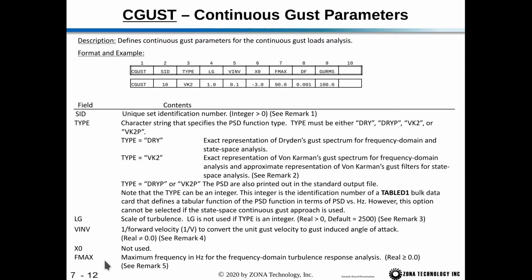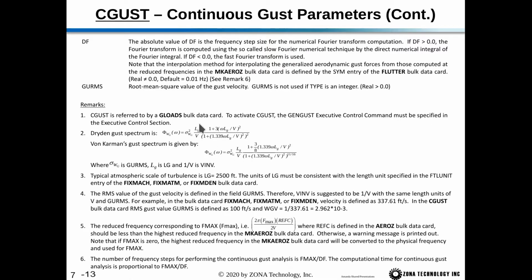Next is FMAX, which is the maximum frequency in Hertz for the frequency domain turbulence response analysis. And then next we have the DF field. The absolute value of DF is the frequency step size for the numerical Fourier transform computation. If DF is greater than 0, then the Fourier transform is computed using the slow Fourier numerical technique by direct numerical integration.